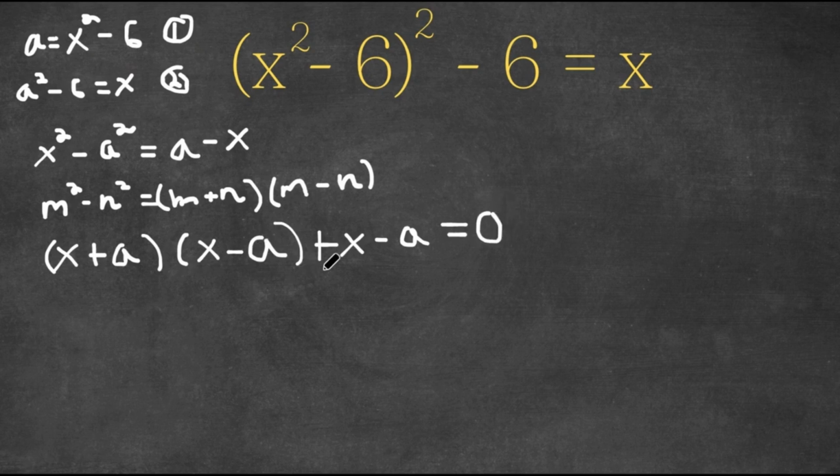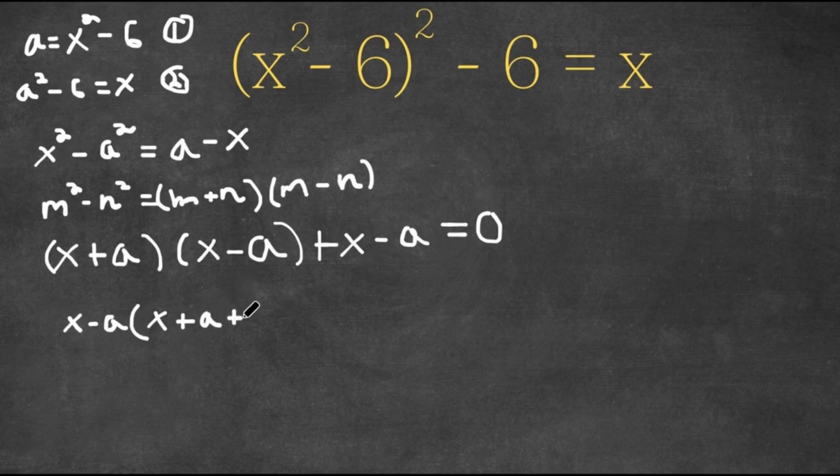Now I'm going to factor out x minus a from this. So x plus a times x minus a, divided by x minus a, is simply x plus a. And x minus a divided by x minus a is 1.